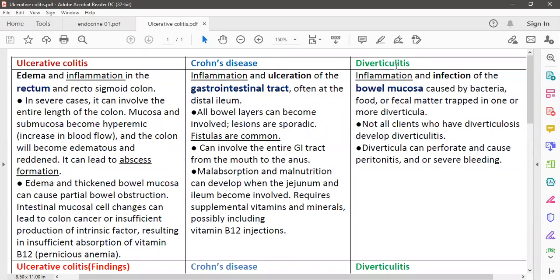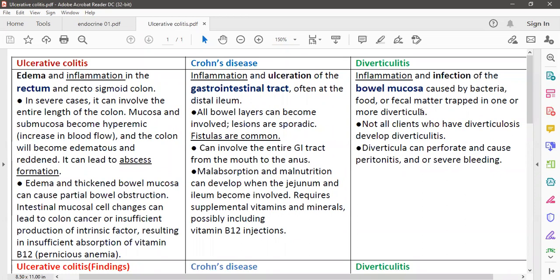What about diverticulitis? It is an inflammation and infection of the bowel mucosa caused by bacteria, food, or fecal material stuck in one or more diverticula.